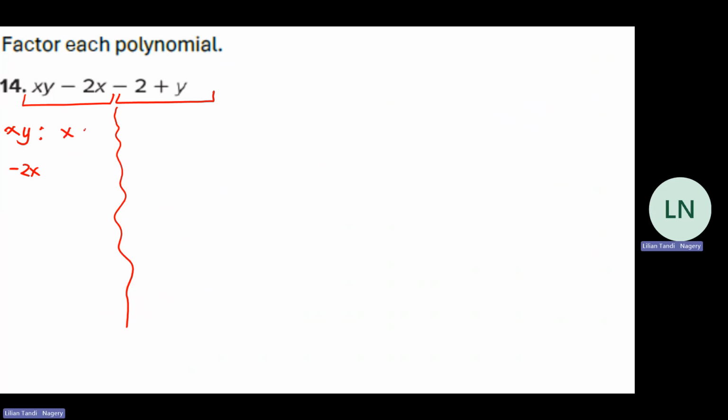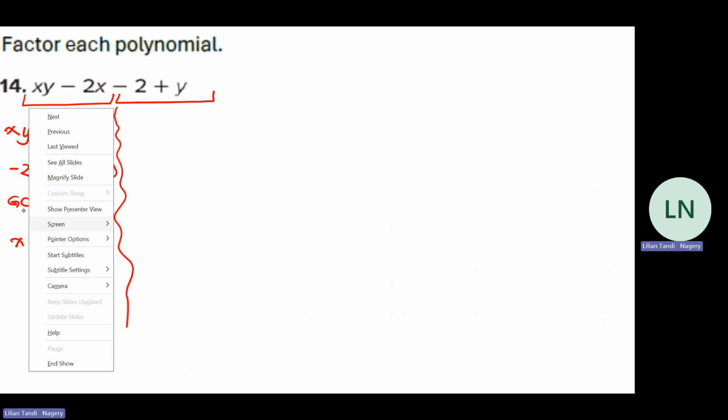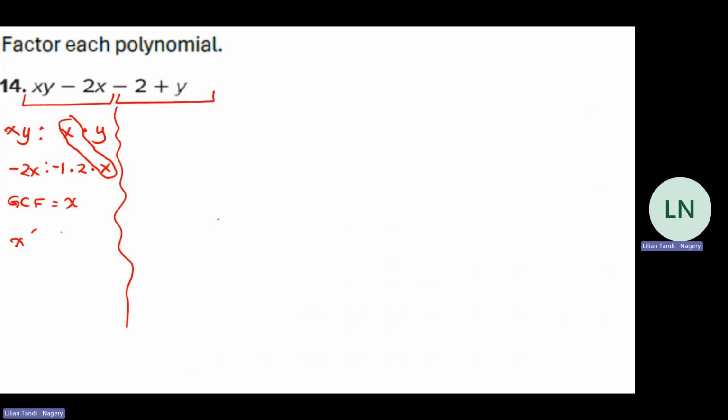So x times y, negative 1 times 2 times x. The greatest common factor is x. X outside, inside I will have y minus 2.